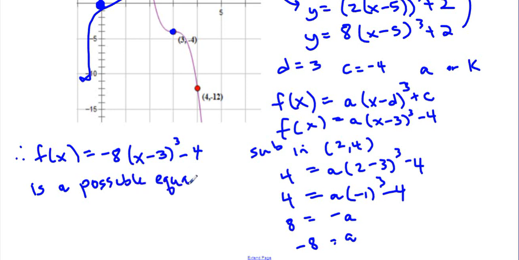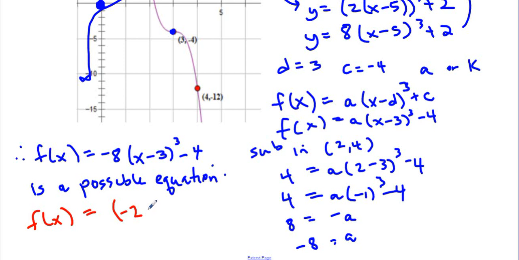And for those thinkers out there, if I asked you what's a different possible equation based on what I just told you, if you wanted to get minus 8 out of something in here, you would have had to start with minus 2, because minus 2 cubed is minus 8. So I could have also had minus 2 here.